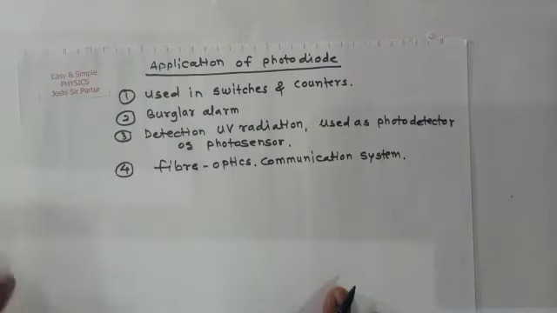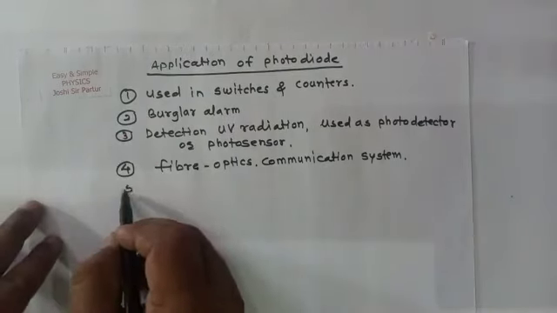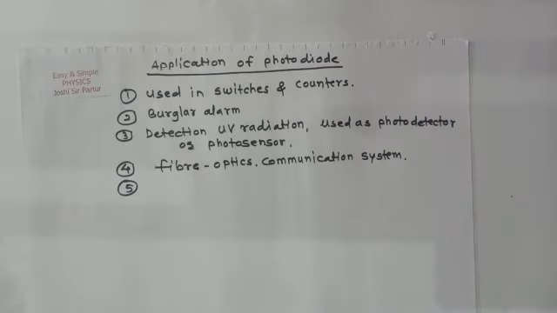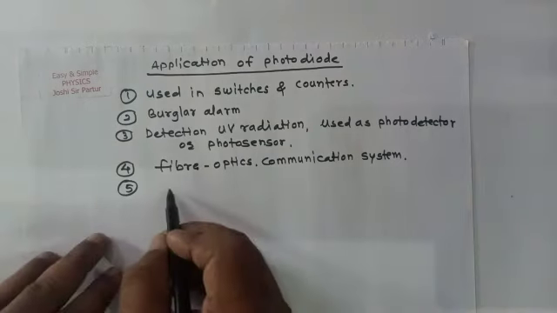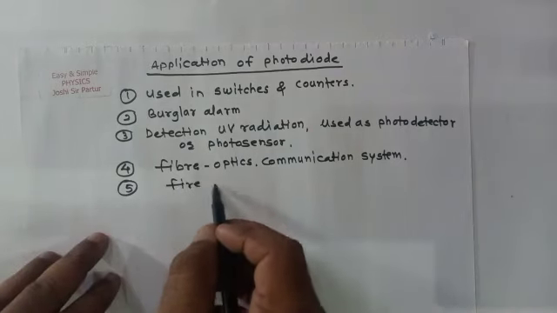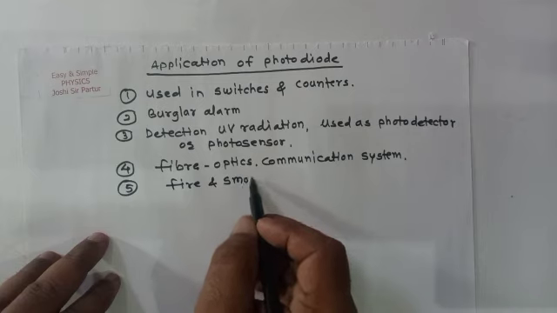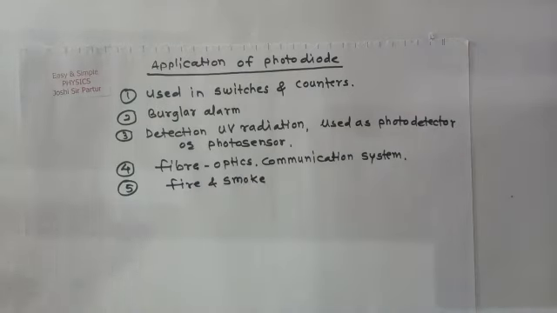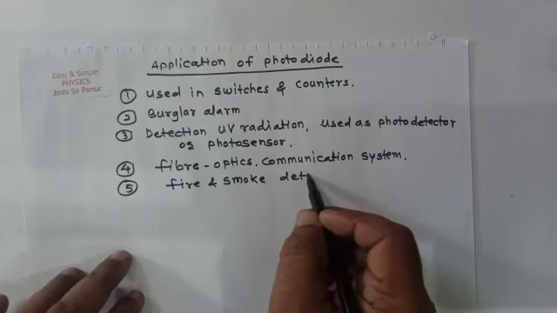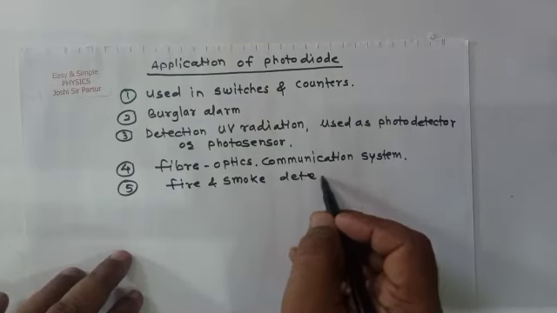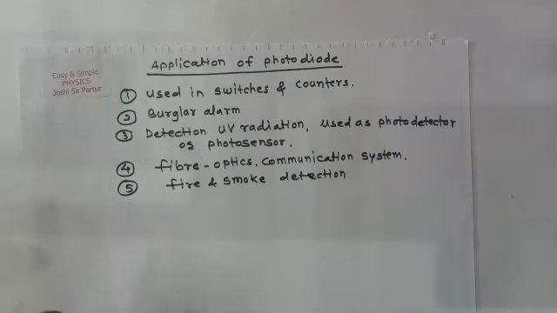Fifth, for safety electronics like fire and smoke detection, the photodiode is used to detect fire and smoke for safety.